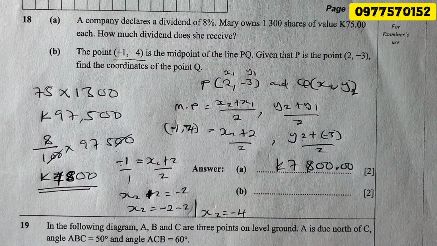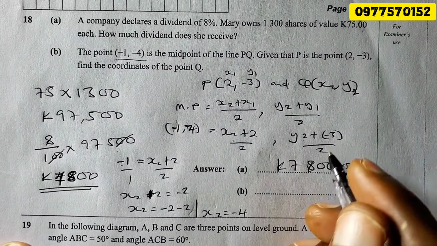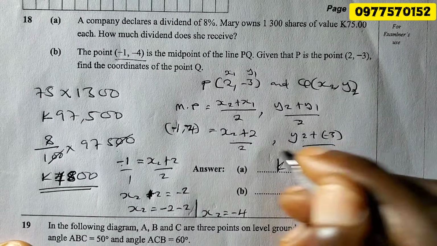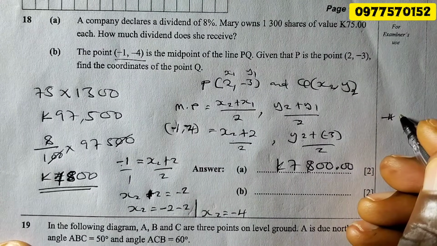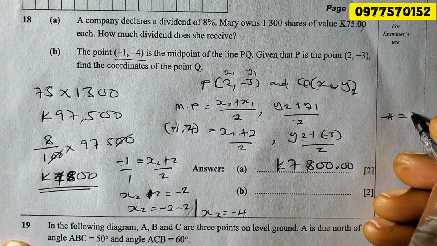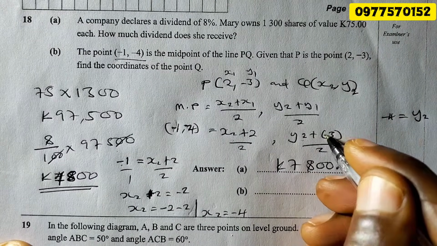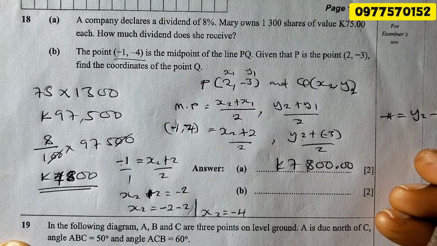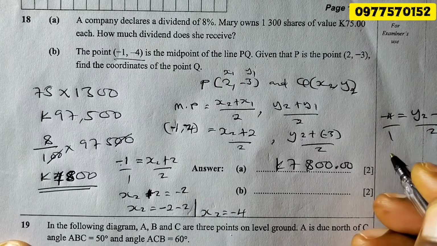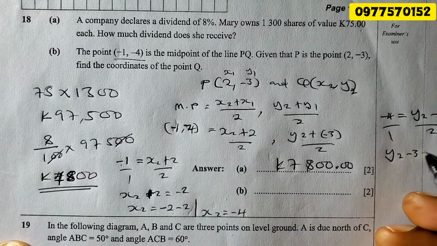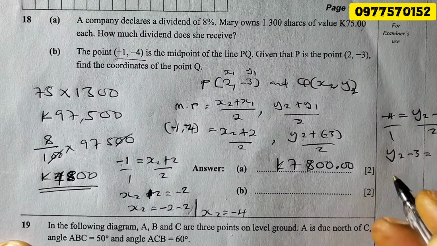Okay, let's solve for y. We're going to say -4 is equals to y2, negative and positive is -3, over 2. Cross multiply, y2 minus 3 is equals to -8.